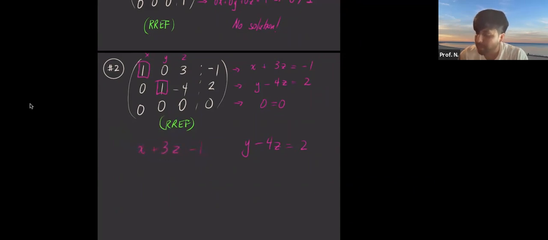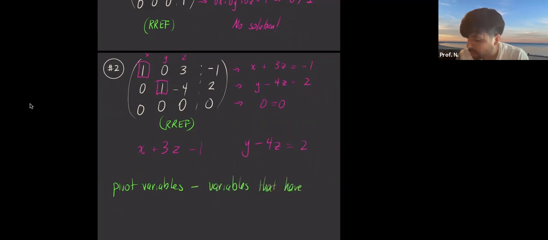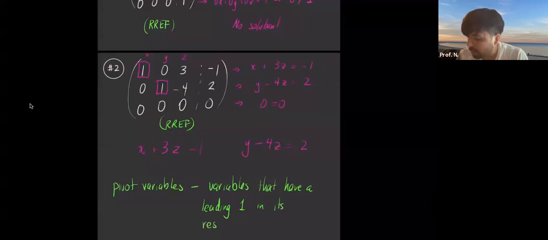So what are the pivot variables in this example? Pivot variables are the variables that have a leading 1 in their respective column in row reduced echelon form.